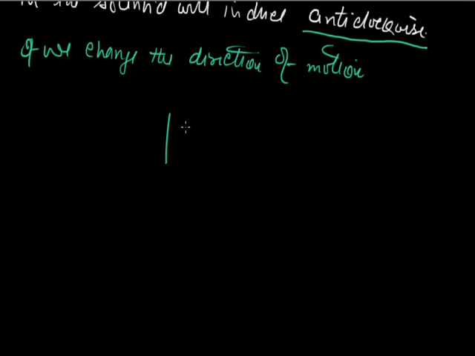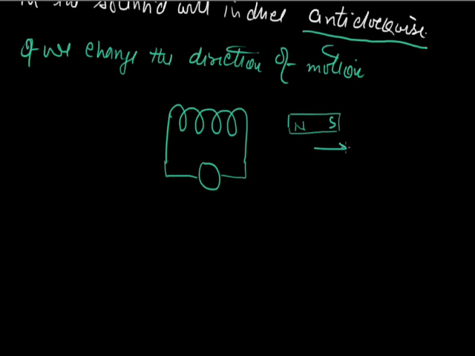this one is the solenoid, it is the galvanometer, this one is the north pole of the magnet, and the south pole is moving in this direction. These are the magnetic lines of force. The distance between the magnet and the solenoid is increasing. It is assumed that there is repulsion between the solenoid and the magnet.